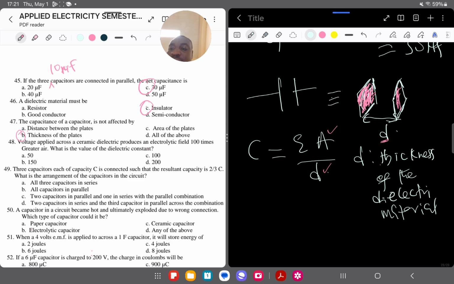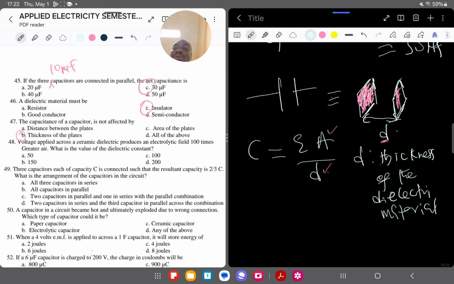Question 48. Voltage applied across a ceramic dielectric produces an electric field 100 times greater than air. What is the value of the dielectric constant? Dielectric constant means the relative permittivity of the dielectric material that you have.